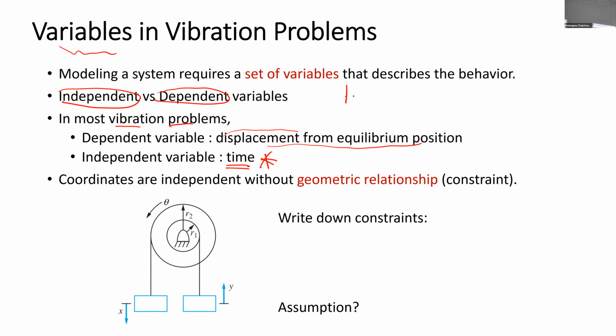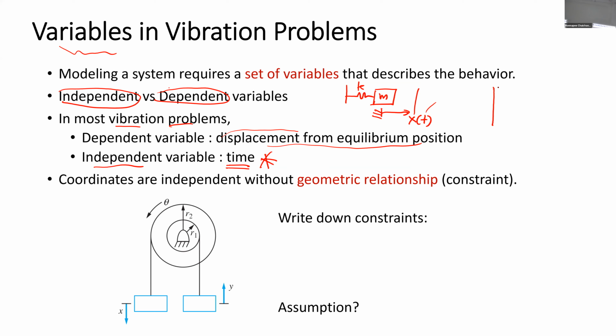If you have a mass spring system, the displacement from equilibrium, with time independent, the variable that depends on time is the displacement x, the linear displacement x.